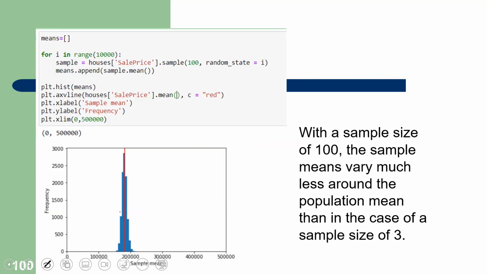When we have more observations in a sample, it will have a lot of the characteristics of the population data, so our sample will represent the population better. That's the meaning of that.